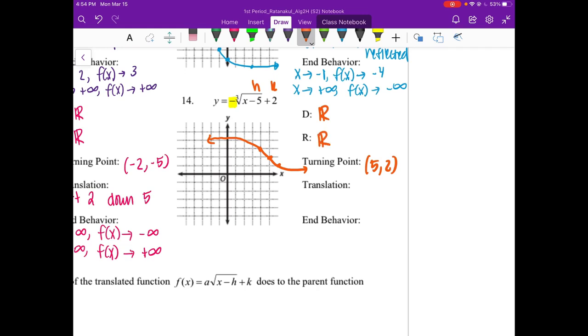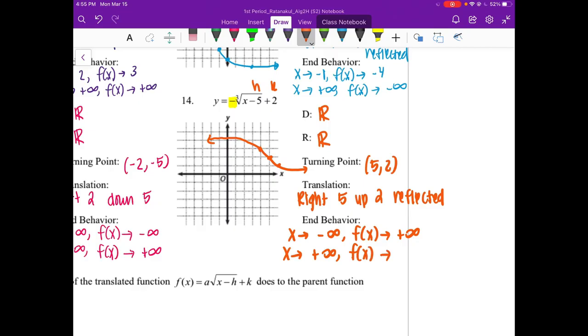Domain and range does not change here. Translation is right 5, up 2, and you can also include reflected. My end behavior will change just a little bit, so my left side is now going to positive infinity, and my right side goes to negative infinity. So it's opposite from 13.